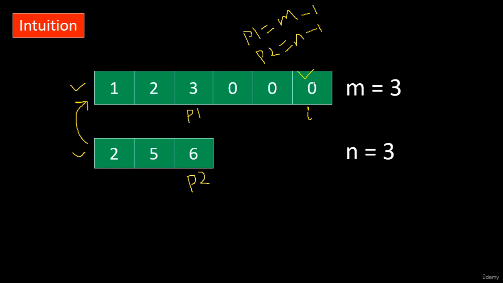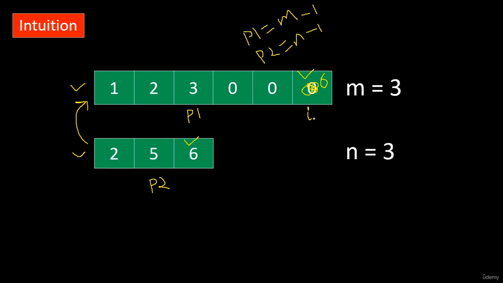Here we're going to update this value with 6, the value of P2 pointer. So let's update this value with 6. Now we're going to move P2 pointer to the left since we took the value from this cell. So let's move P2 to the left. So P2 will point here. Here we're taking the maximum value because the array should be in ascending order. So the rightmost element should be the maximum element.